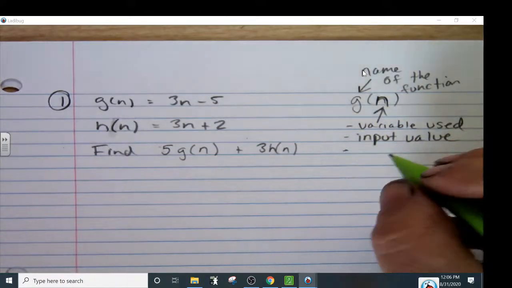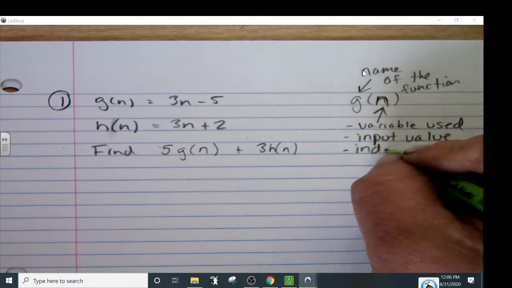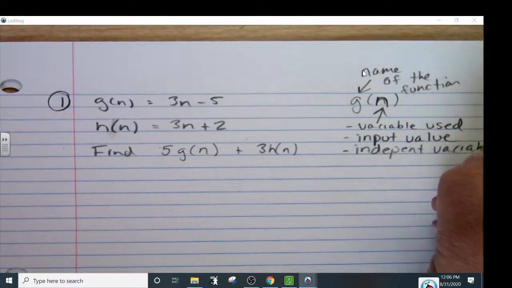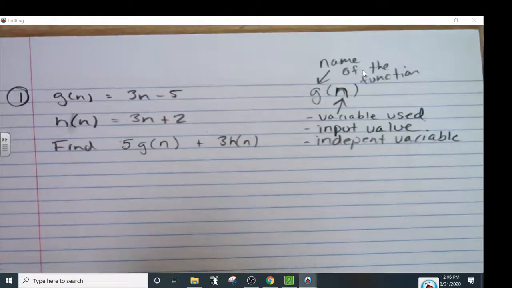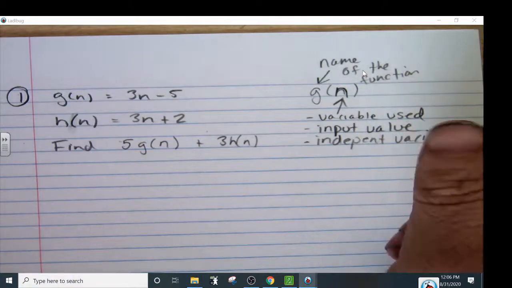You may also hear it referred to as the independent variable.